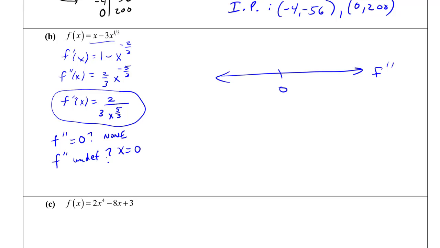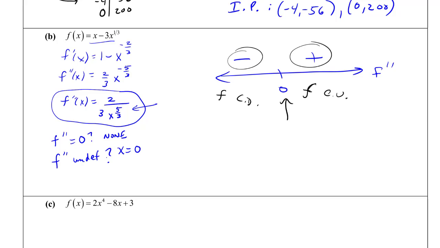So now if we plug some numbers in, all right, notice what we're doing over here. The only thing that's going to affect the sign is this x to the 5/3. So that's a cube root then to the 5th power. So negatives will stay negative and positives will stay positive. So that means it's going to be negative in that region, positive in that region. Hence f concave down here, and f concave up here. And we do have a change in concavity there.